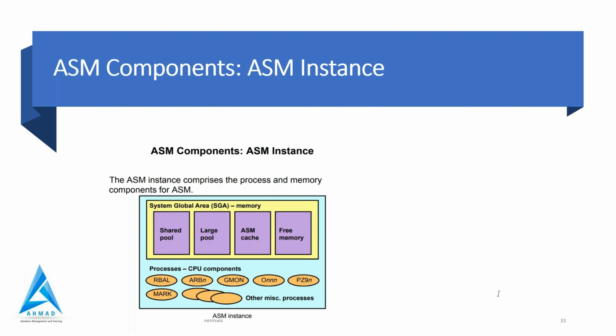It's my humble request. So what is the minimum ASM instance memory requirement? Anybody knows that minimum value? 512 MB, okay. 8 MB, okay.